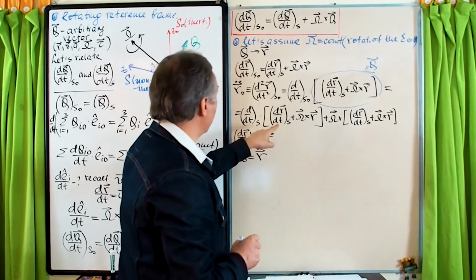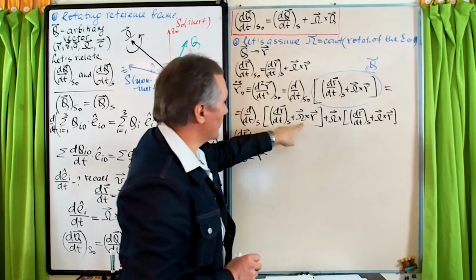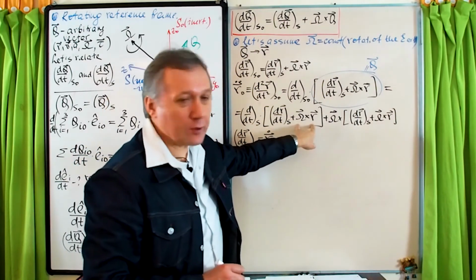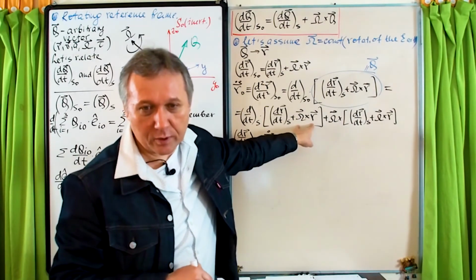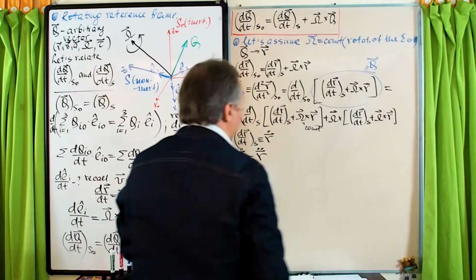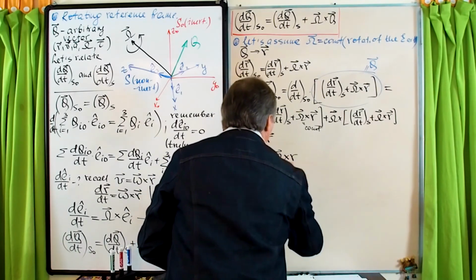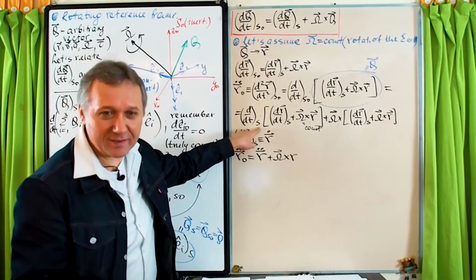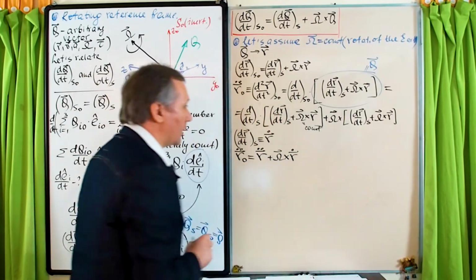Then differentiate this term. Again, you remember omega is constant. Basically, that's where we use the fact that omega is constant. If omega is not constant, then when you differentiate this term, you will get two terms. Now we're going to get only one term. I will emphasize that omega is constant. So it will be plus omega cross, and again, it's a differentiation with respect to time, but in the S reference frame. So as a result, it's just r dot.